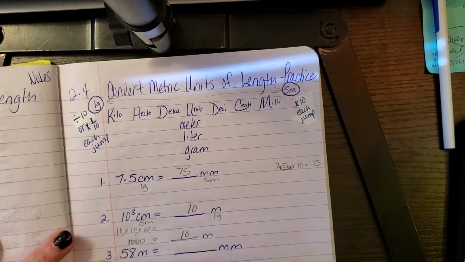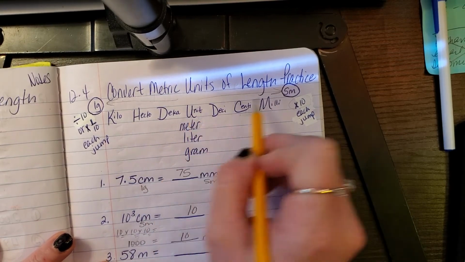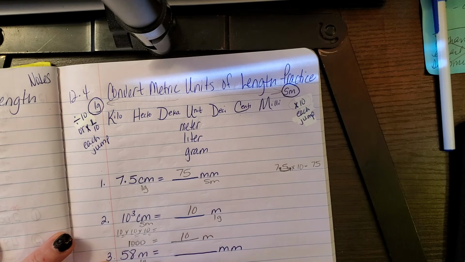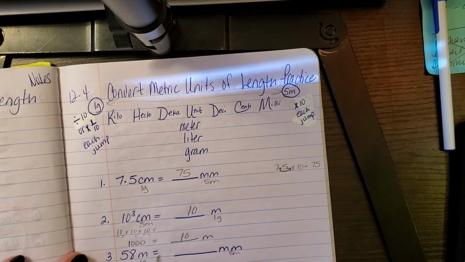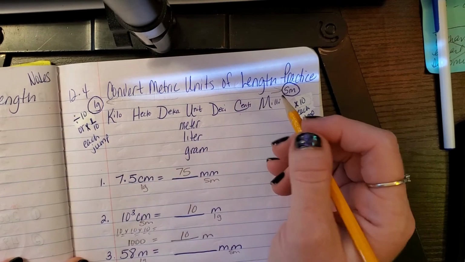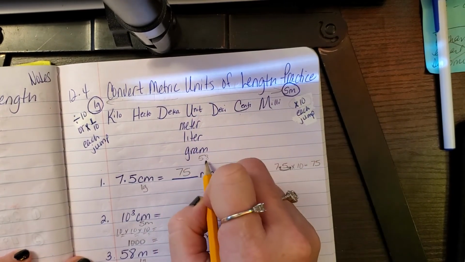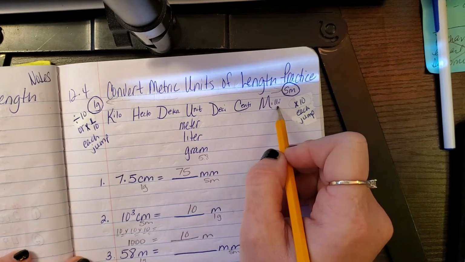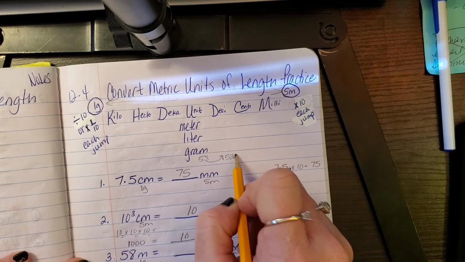58 meters to millimeters. Well, meters are here, millimeters are here, so meters are larger. So larger to smaller, which means I have to multiply by 10 each jump. Okay, so if I had 58 meters and I needed to jump to millimeters, I take one jump over to the deci, that becomes 580.